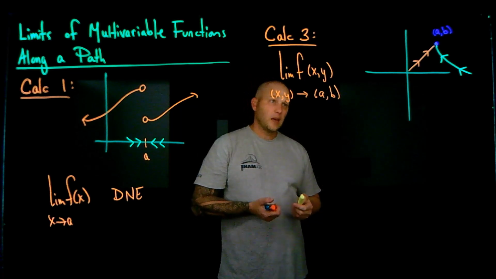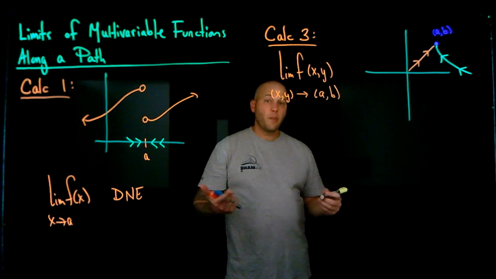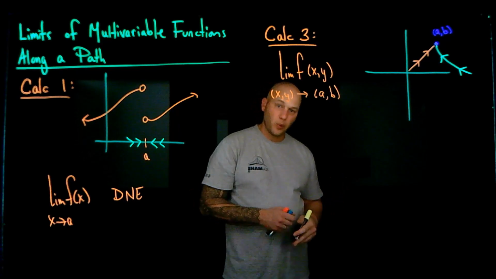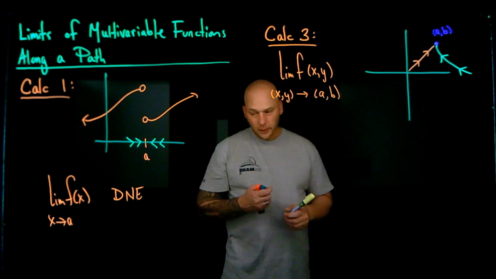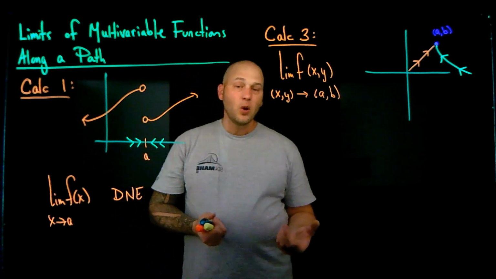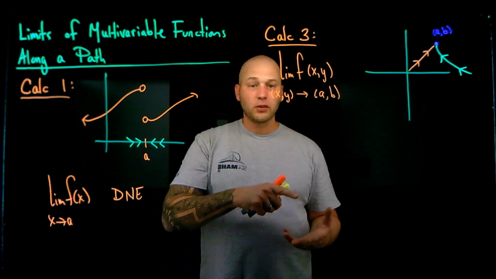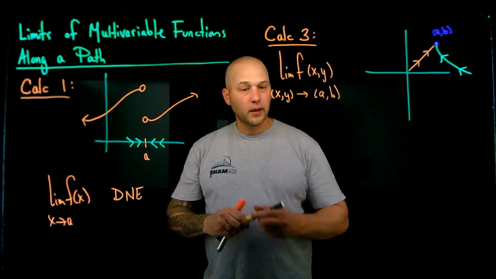And once again, in order for the limit to exist, it has to be independent of the path used to approach that point. So what I'm going to do is show you an example of a multivariable limit where we're going to use two different paths to demonstrate that the limit does not exist. So let's take a look at the following.